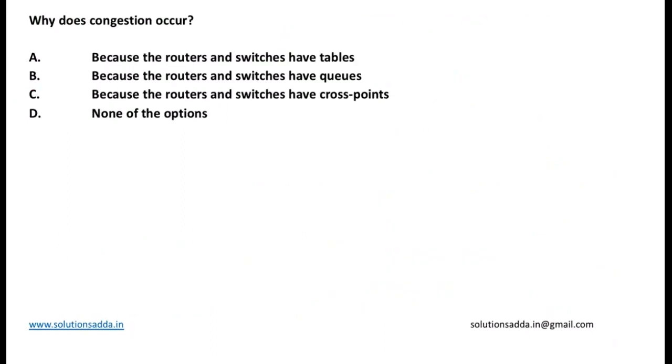This is a question from computer networks. Why does congestion occur? Options are because the routers and switches have tables, because the routers and switches have queues, because the routers and switches have cross points, or none of the above. The correct answer is option B, because the routers and switches have queues. So queues are queues of packets.